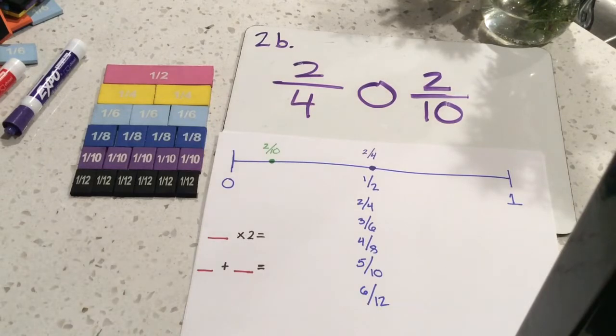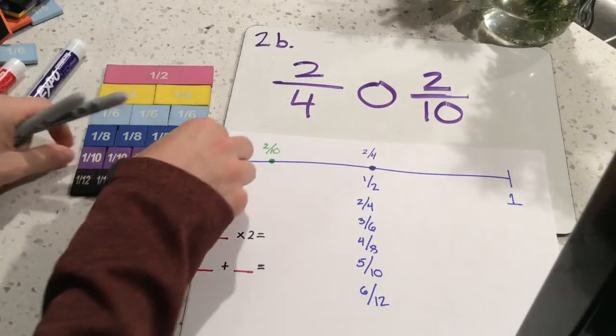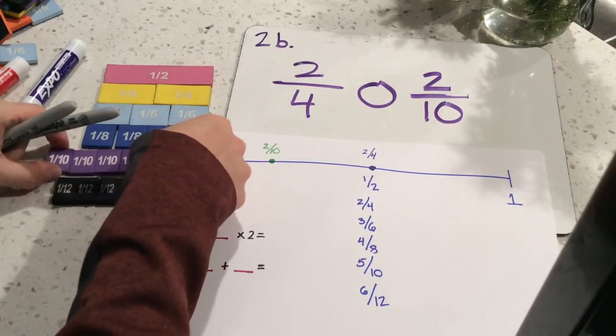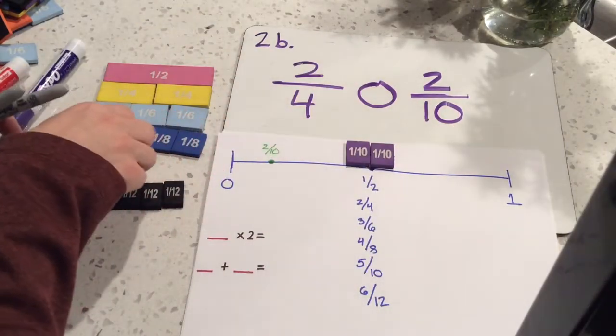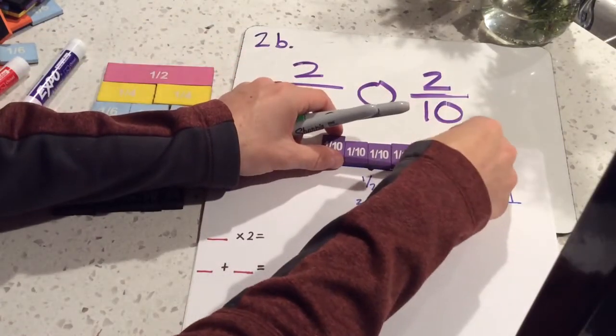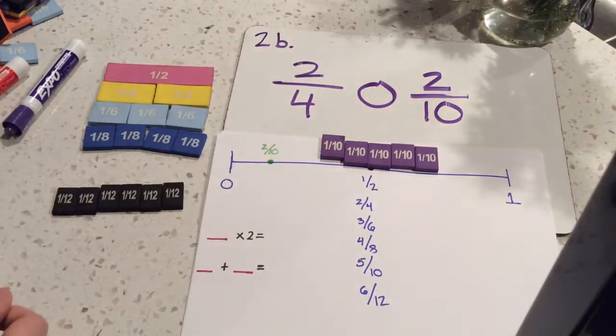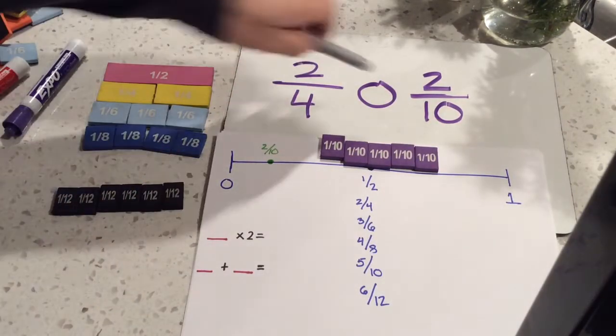So by creating equivalent fractions and comparing fractions to 1/2, right? Again, here I'm going to pull my fraction strips out. This would have been 5/10, and that's equal to 1/2. But I'm comparing 2/10.